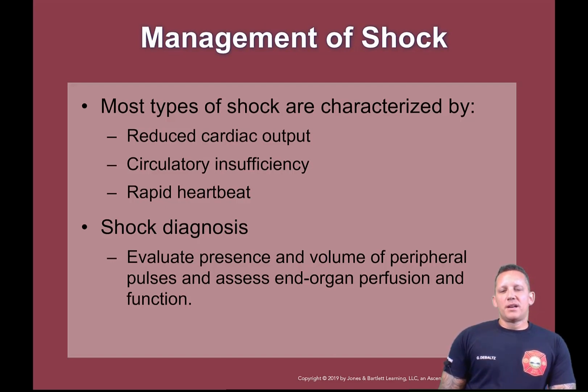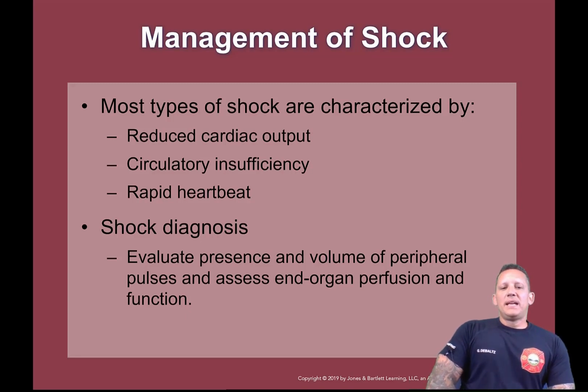So most types of shock are characterized by reduced cardiac output, circulatory insufficiency, and a rapid heartbeat. To diagnose shock, we want to evaluate the presence and the volume of peripheral pulses, and then we're assessing the end organ perfusion function, right? So we need to maintain a blood pressure of somewhere between 60 and 70 systolic so that we can actually perfuse the liver and kidneys.